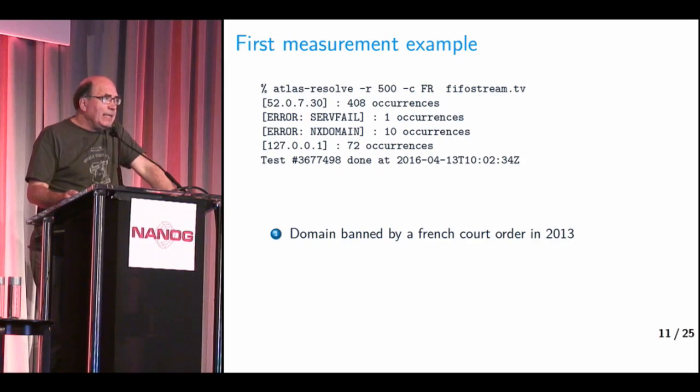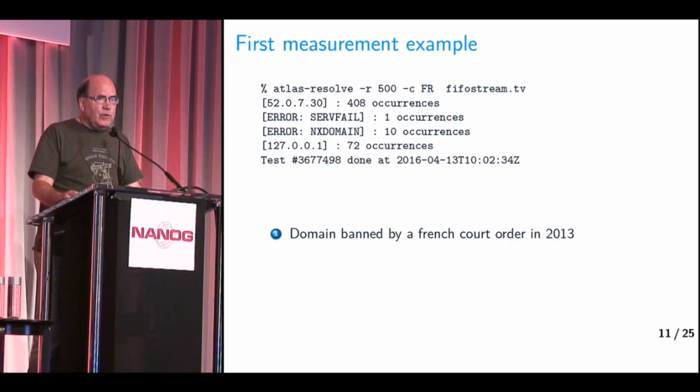It's actually the maximum that an unprivileged user can request. You can select probes by AS number, prefix. Prefix doesn't work very well, but it's still possible. And by country, which is very important in our case because typically censorship is country-specific. So here, I request probes in France.